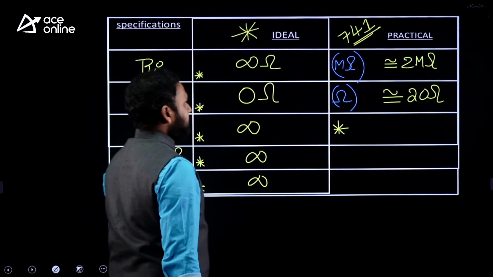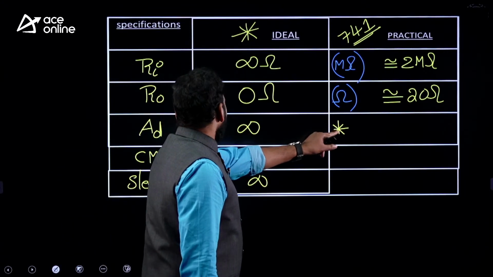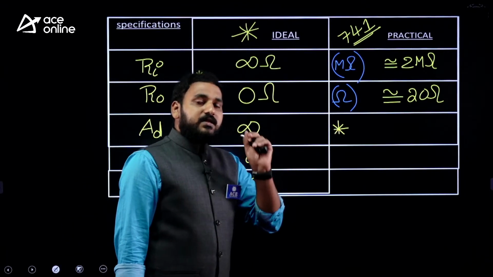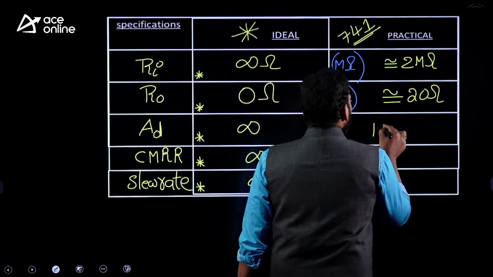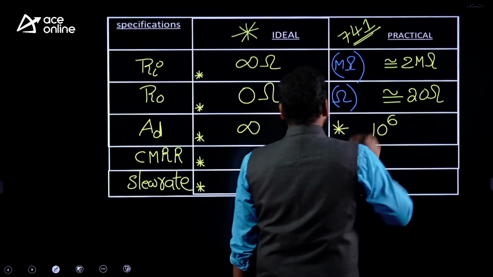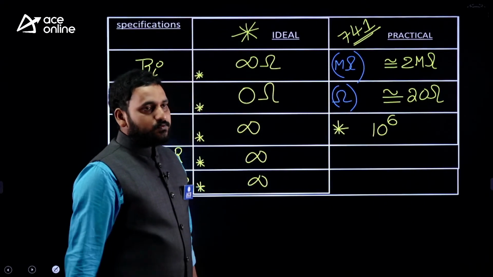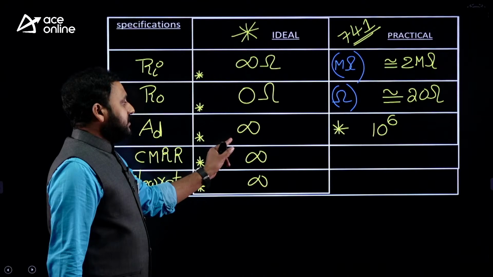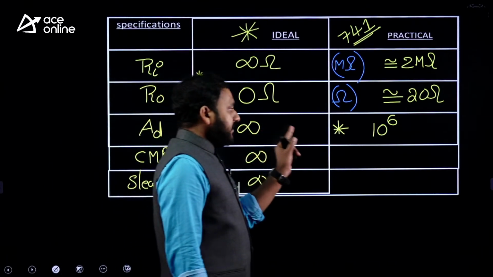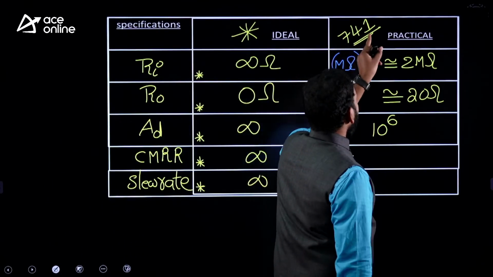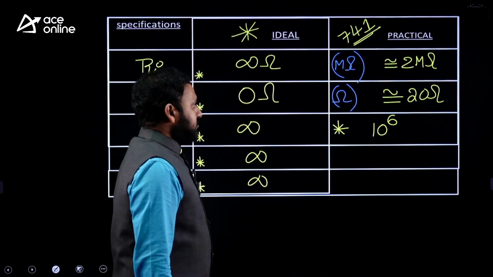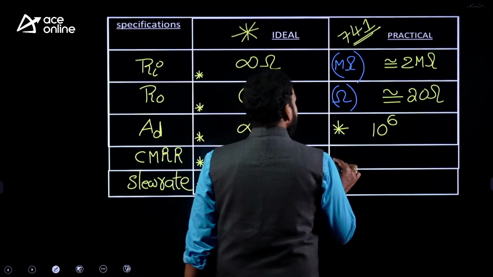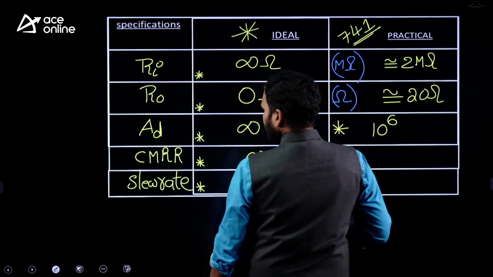And in the practical case, you need to remember differential gain and CMRR are numerical values, volt for volt, no units, voltage gain only. Differential gain or voltage gain or open loop gain of operational amplifier under ideal conditions is infinite, and practical for 741 is 10 to the power of 6. Here also I am taking the star mark, my dear friends.